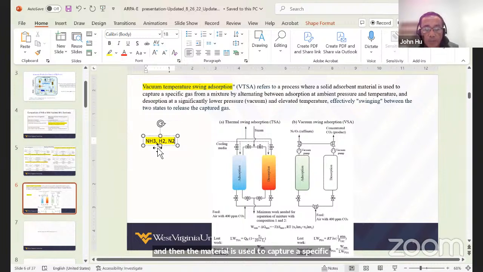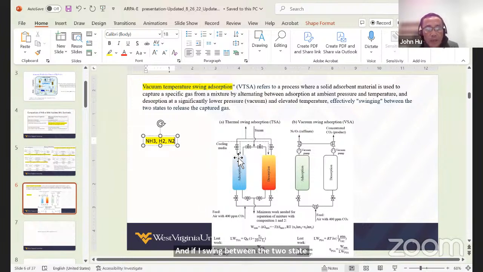Here it is ammonia from a mixture by alternating between adsorption at ambient pressure and temperature, and the desorption at a significantly lower pressure and elevated temperature, and effectively swing between the 2 states to release the captured gas.